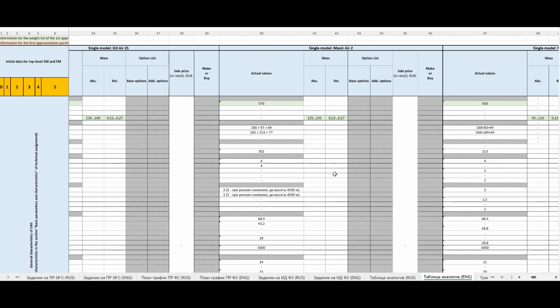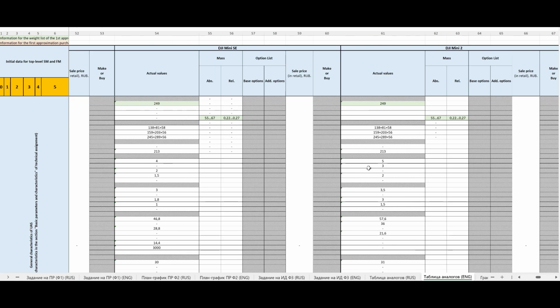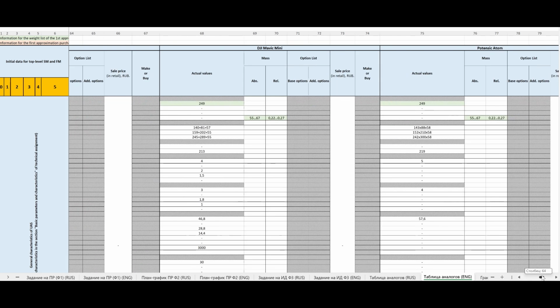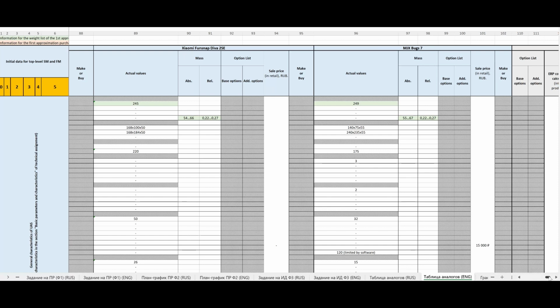The list of analogs with a takeoff weight of 0.25 kilograms includes models Mini SE, Mini 2, Mavic Mini, and unmanned aircraft vehicles like Potensic Atom, Seafly, SGRC, Faith Mini 2, Xiaomi, FunSnap Diva 2 SE, and MGX Box 7.